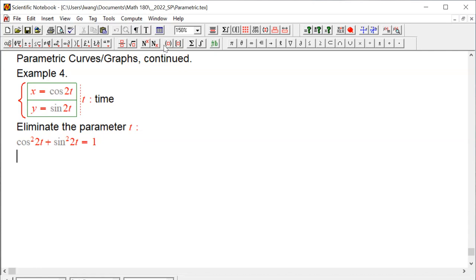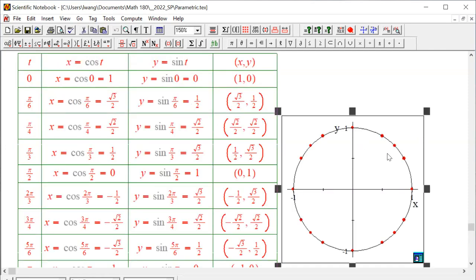And that is the same as y squared plus x squared equals 1. It is still a unit circle. But if a particle goes about the unit circle, is this the same as the previous circle? We are going to have the circle, but when we plot the points, there are going to be some differences.